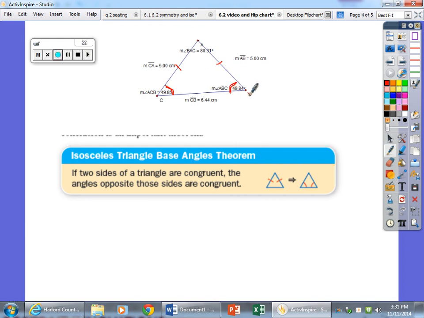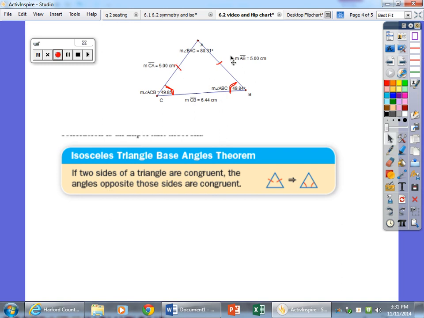This one is 1/100 of a degree off, which is not enough to be concerned about. What I wanted you to see is that I have congruent sides here, and the angles opposite them are also congruent. That is the isosceles triangle base angles theorem.